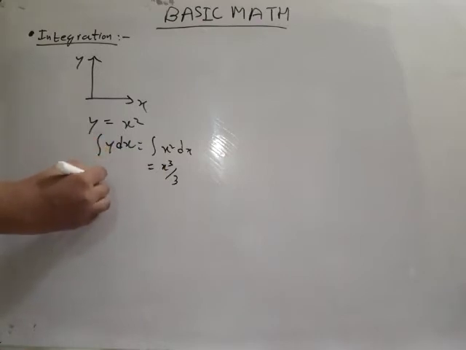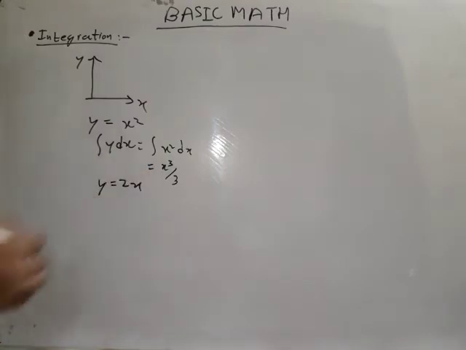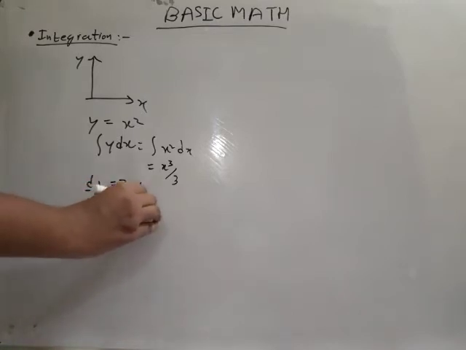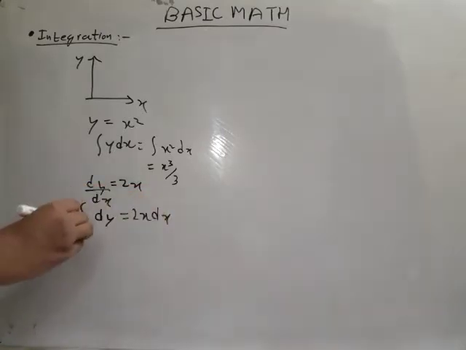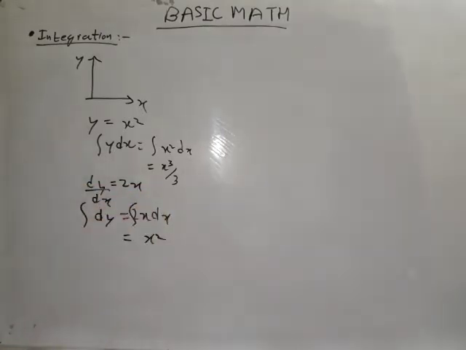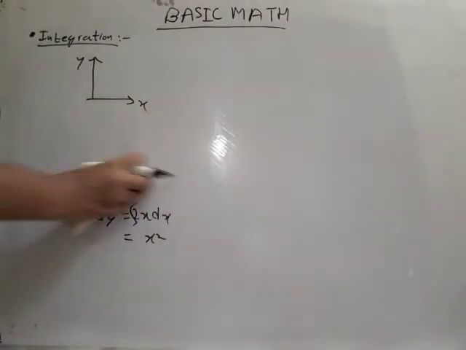Or if we take the previous example, the differentiated term, suppose we take dy by dx equal to 2x, or if we write dy equal to 2x dx, now integrate it, we get x square. So now I am going to tell you how to do integration, what is integration used for, and the laws of integration.